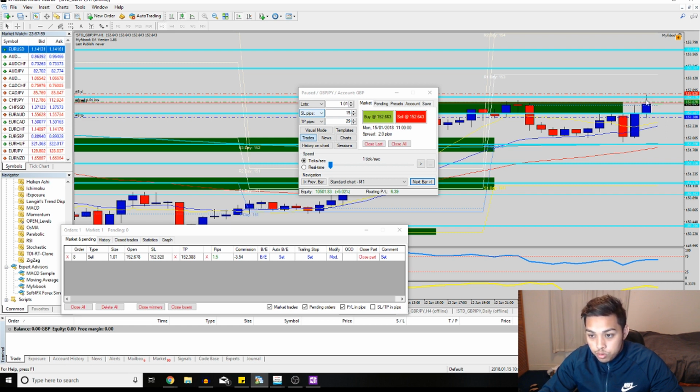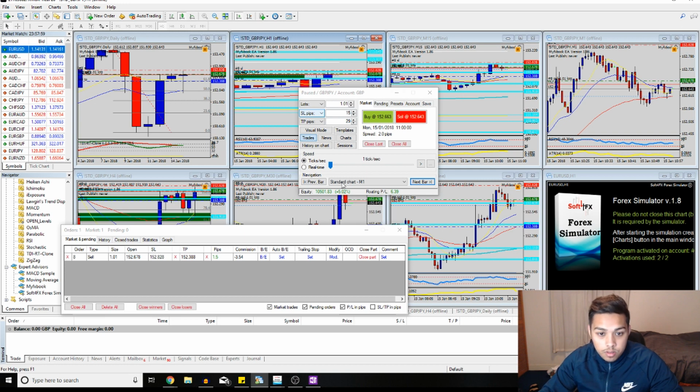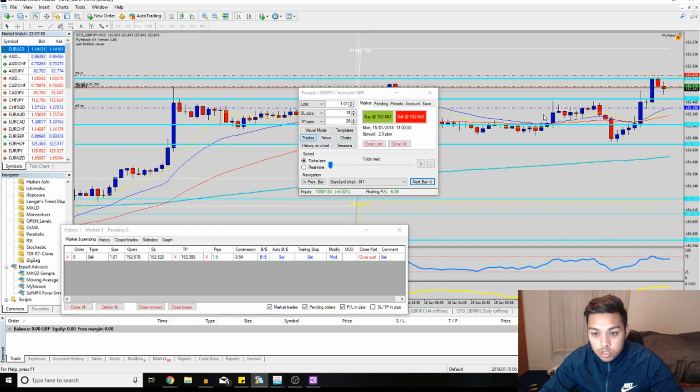So we're hoping for a retracement down to this level, or just anywhere really. A nice 20 pips would do. What I like to do is always have a 2-to-1 ratio. As you can see here, 15:29, that's basically 2-to-1. So let's keep going. Next bar, next bar.